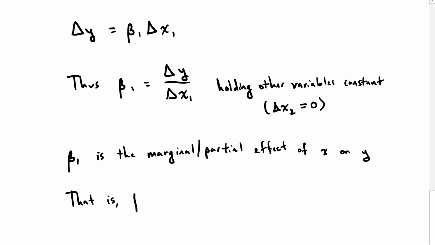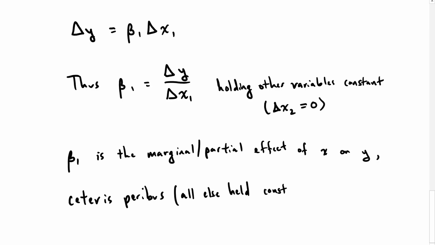That is, beta 1 is the effect of x1 on y, ceteris paribus, meaning all else held constant.